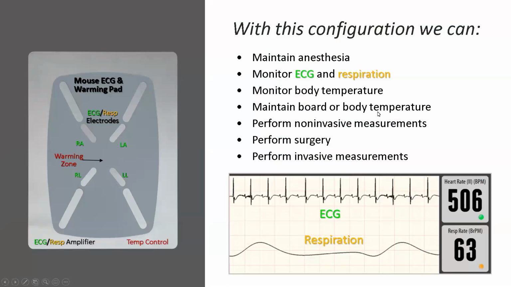With this configuration, I wanted to touch upon the importance of this board. It has a warming zone to counter the loss of core temperature in anesthetized mice or rats, while having the ability to monitor ECG and respiration.